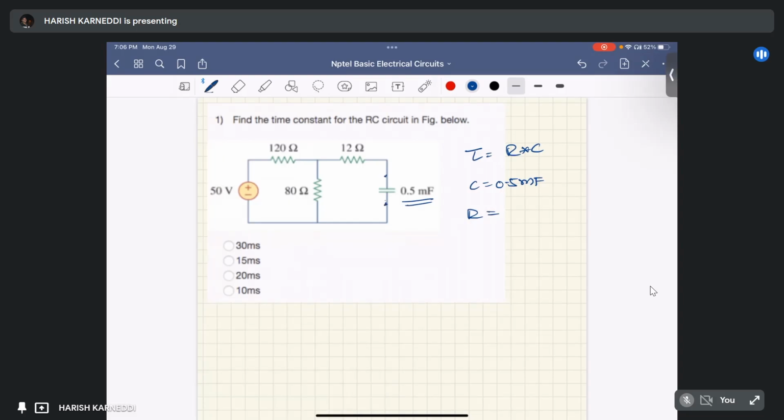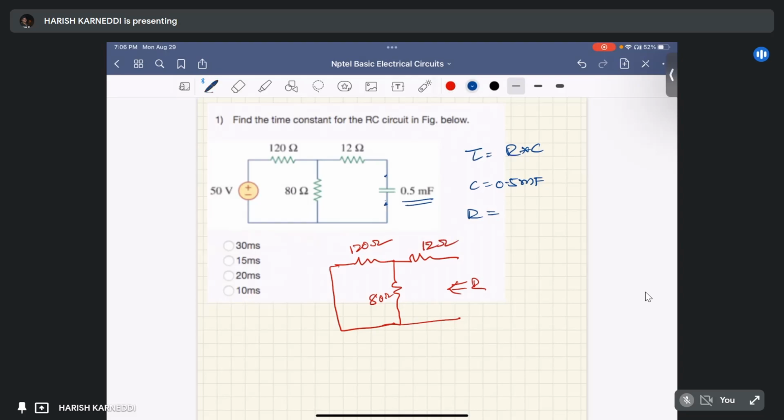We have to calculate the resistance seen from these terminals. That is 120 ohm, this 80 ohm, and 12 ohm.